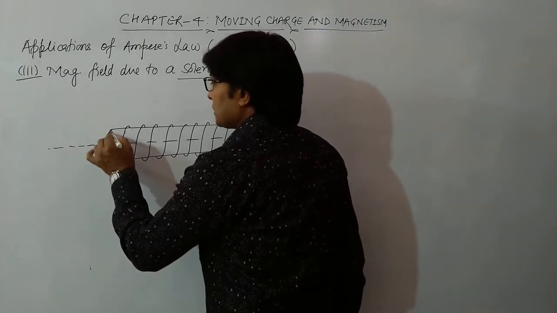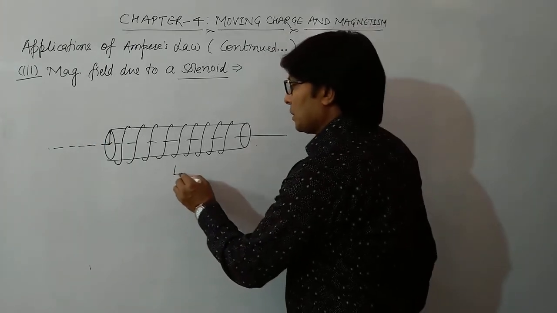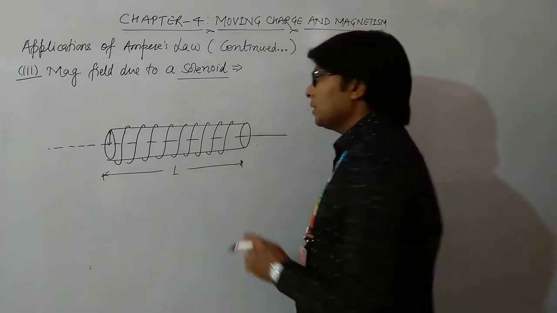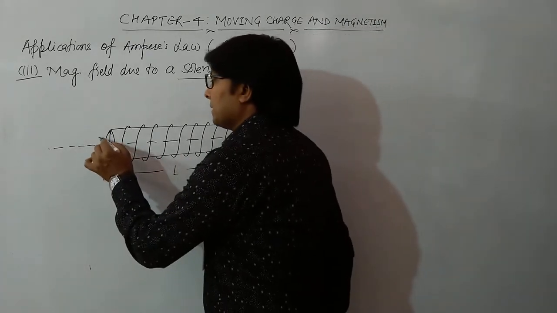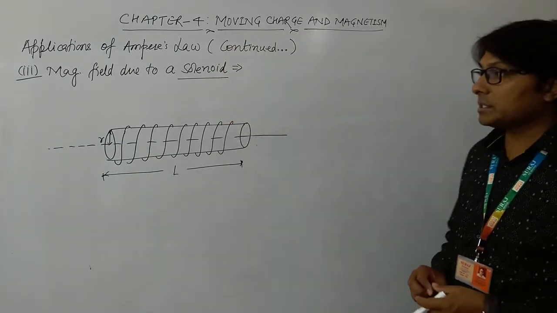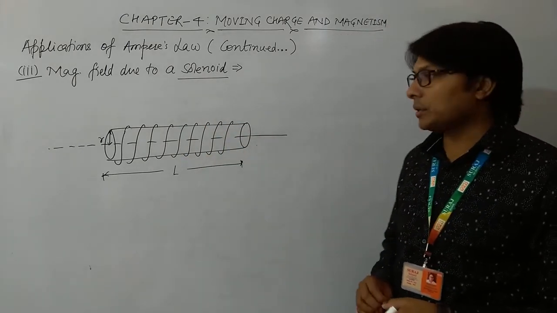Suppose this is the radius of this solenoid, and this is the length of this solenoid, which I have taken as capital L. This length L should be far greater than the radius of the solenoid. This is the condition for any cylindrical structure to become a solenoid.